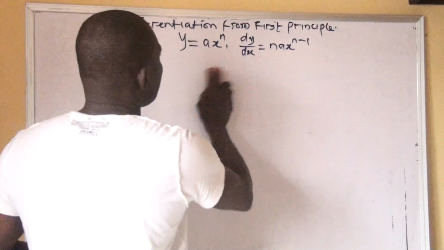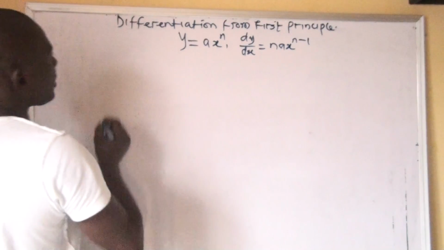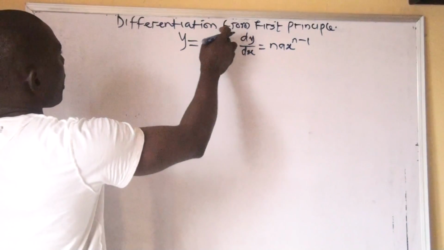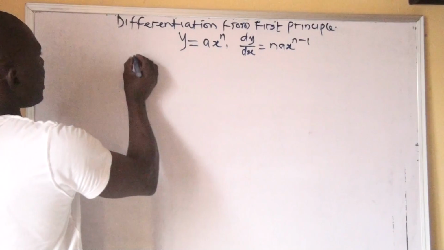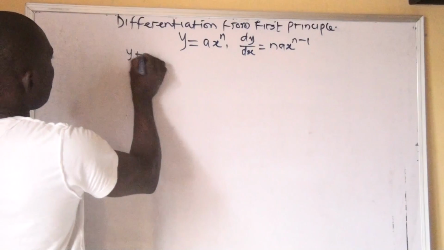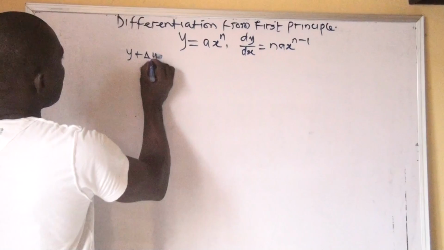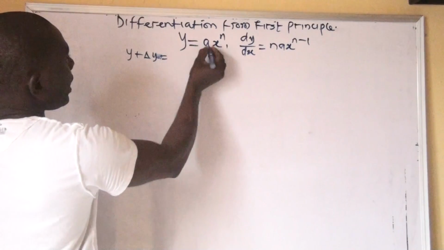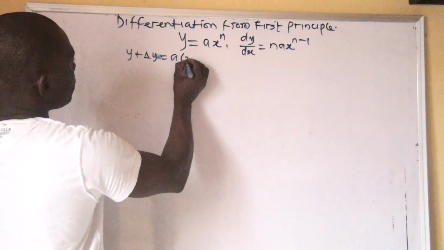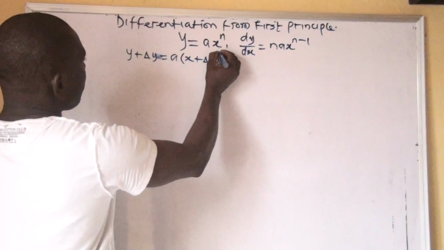Now, let's begin the class. We know that y is equal to ax raised to power n. That is a function. So your y becomes y plus delta y, and in place of x, we put x plus delta x, close the bracket, raised to power n.